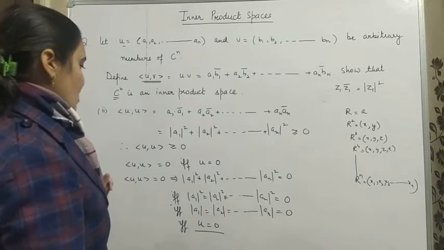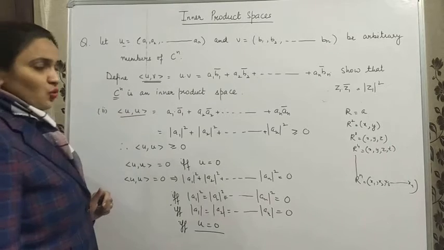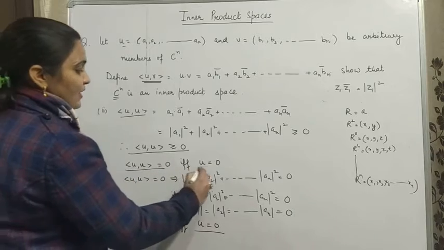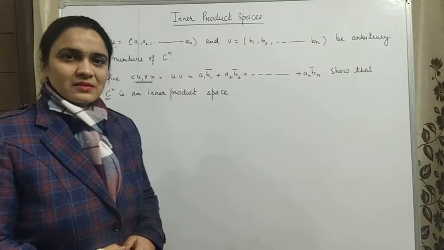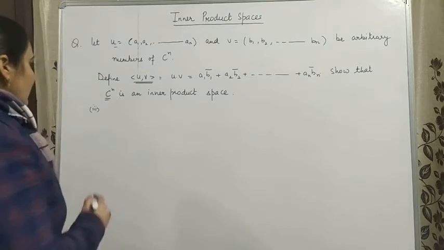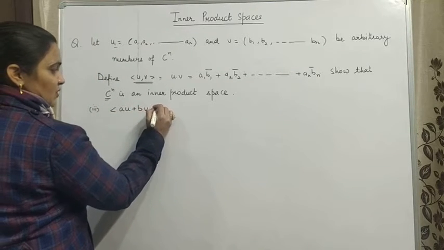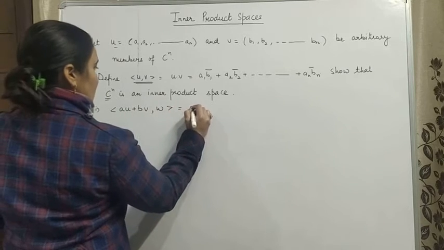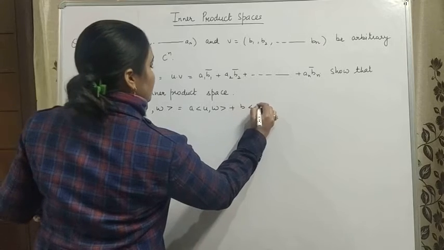ठीक है, so we have proved the second axiom also, that inner product of u with u is always greater than 0 and it is 0 if and only if u is 0. So let us see the third axiom. Au plus b times v with w is equal to a times u with w plus b times v with w.